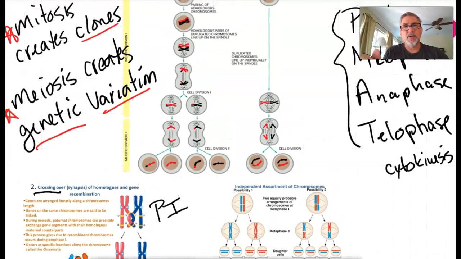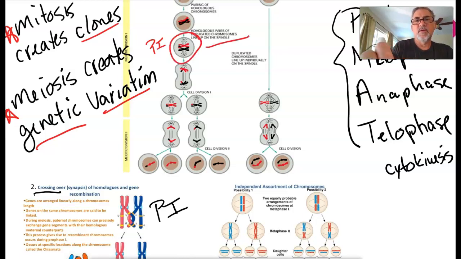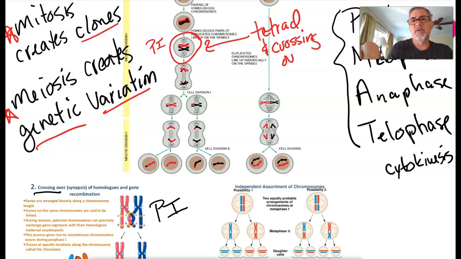Remember, if I have my P1 here, I get a tetrad and crossing over. And that exchanges pieces of DNA. So at the bottom here, I get sisters or daughter cells, and they have different combinations of chromosomes.